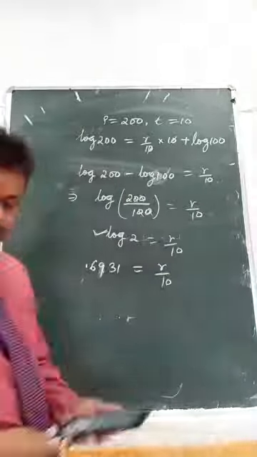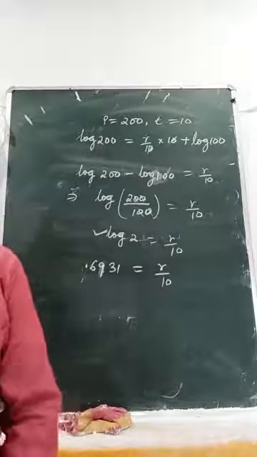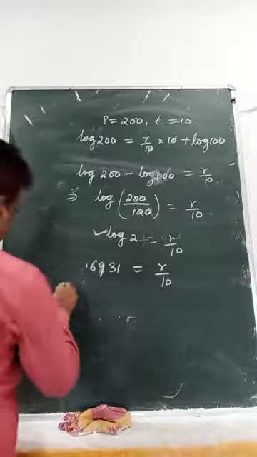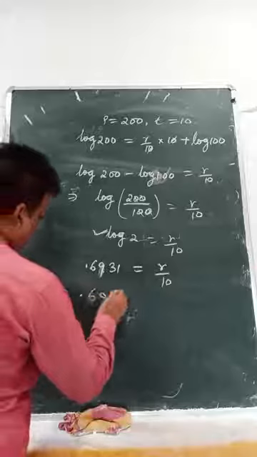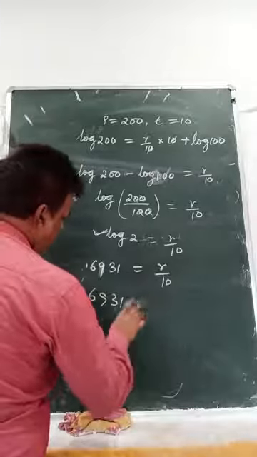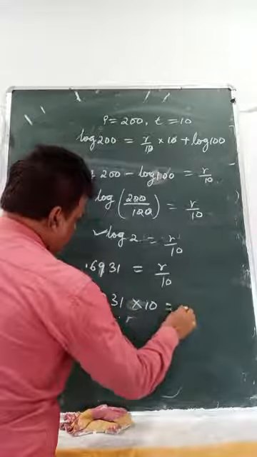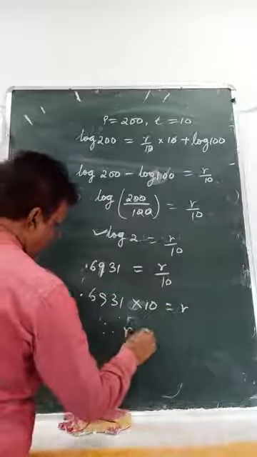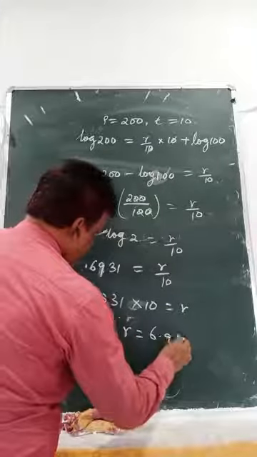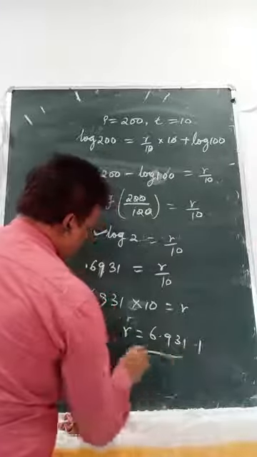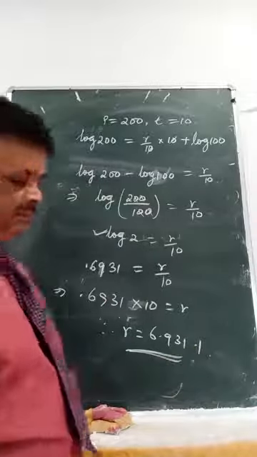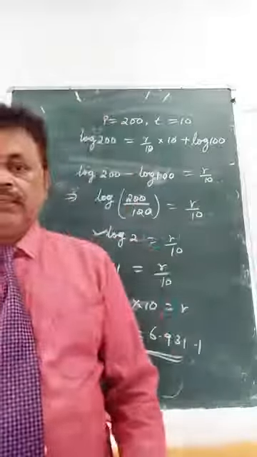This is given to us. This implies 0.6931 into 10 equals R. Therefore, R equals 6.931%, the rate of interest. So, let's see another question.